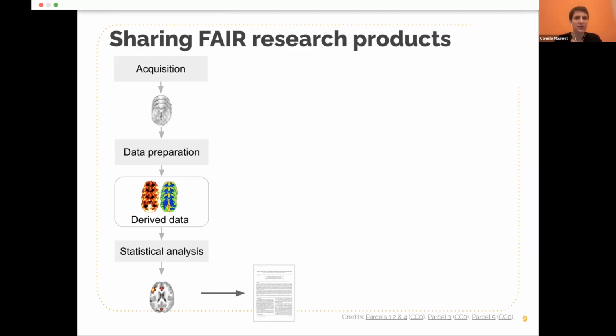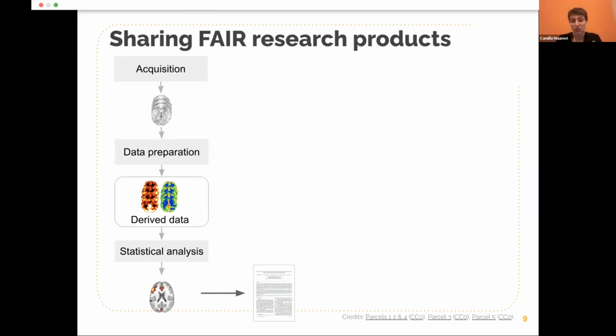This could include motion correction, segmentation, putting all the brains into a standardized space, and so on. And we do get some derived data. I was talking about derived data in the title of my talk. The space of derived data is extremely big and can have many different forms. But then finally, we get some measurements we are interested in. And through statistical analysis, we get our final results. We do answer our research question.